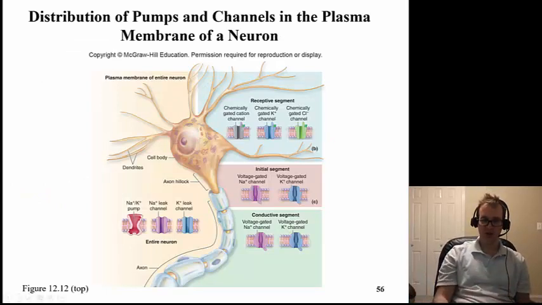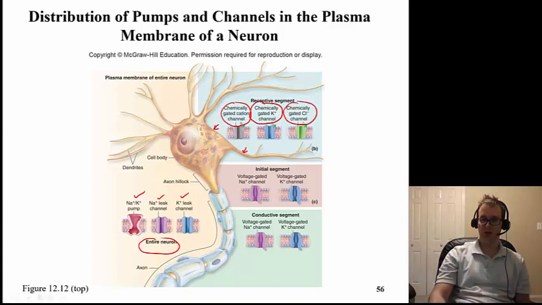What it shows here is that the entire neuron has the sodium-potassium pumps and sodium and potassium leak channels. On the receptive segment, which is all the dendrites and the cell body, there will be chemically gated channels: chemically gated cation channels for positively charged ions, chemically gated potassium channels, and chemically gated chlorine channels.